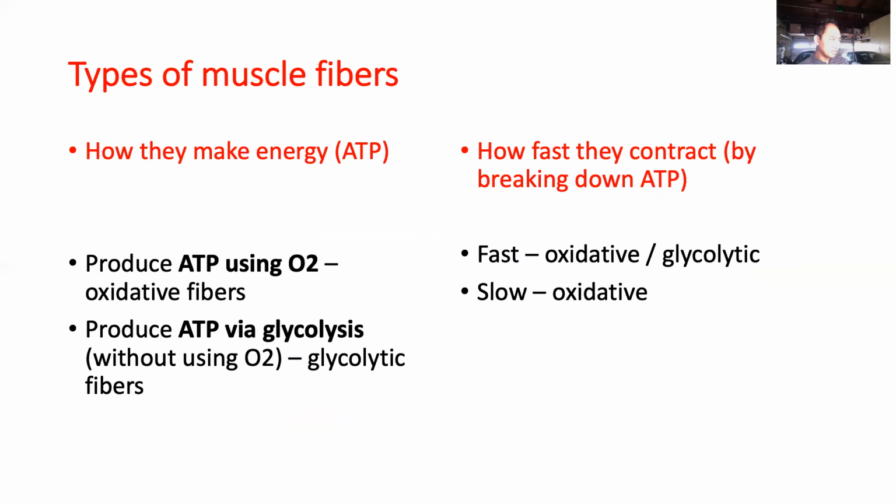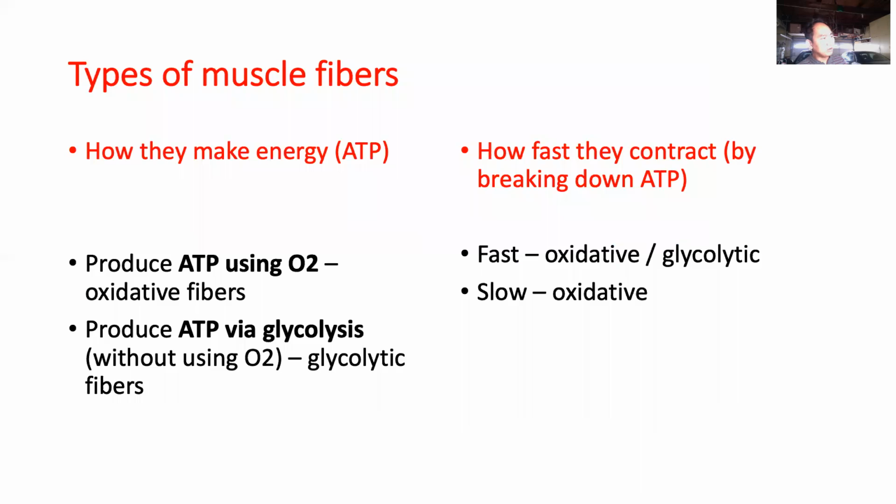So those muscle fibers which use oxygen to get ATP will be called oxidative, oxygen-using muscle fibers. And those muscle fibers which generate ATP via the glycolysis pathway will be called glycolytic fibers.